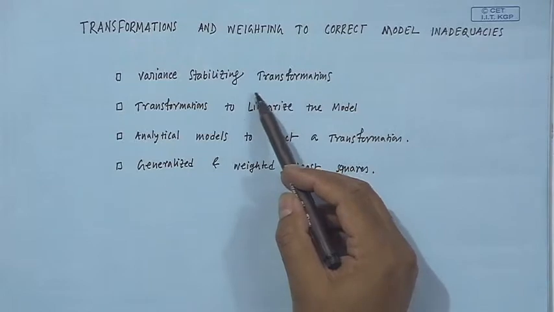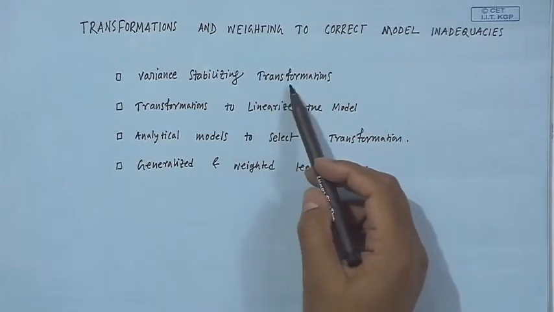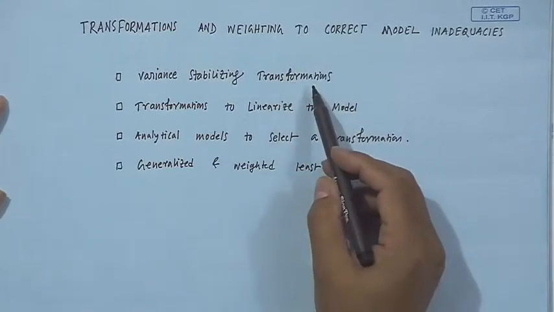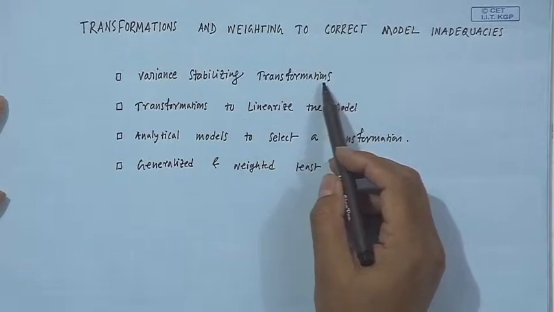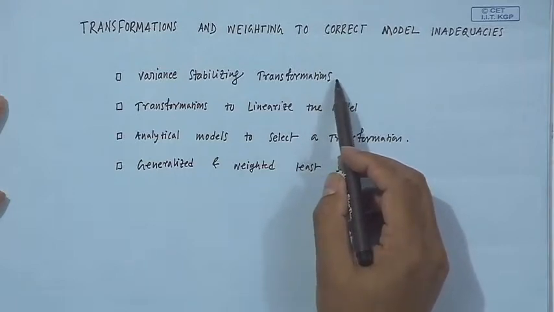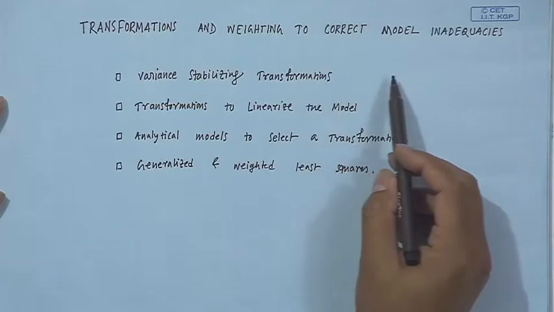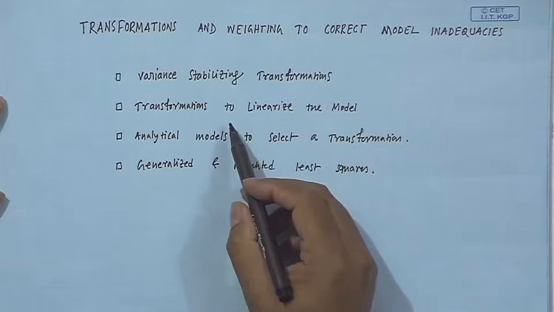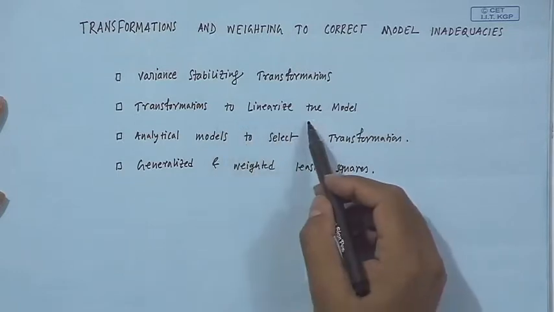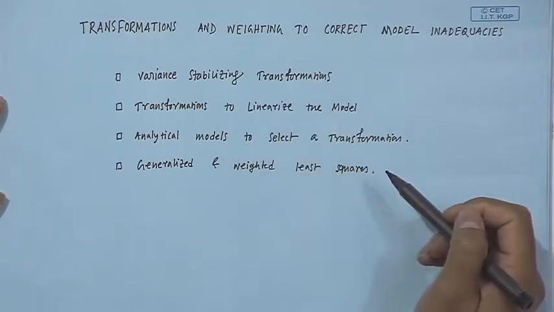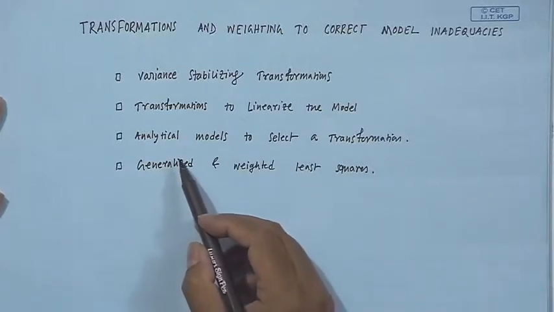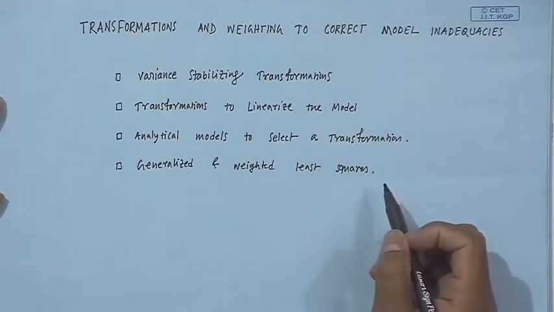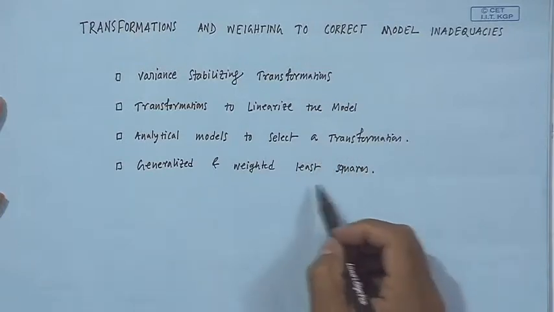First, variance stabilizing transformation. So, we take some transformation on the response variable to correct the non-constant variance assumption, and also we talked about transformations to linearize the model, and we are left with analytical methods to select a transformation and generalized and weighted least square.